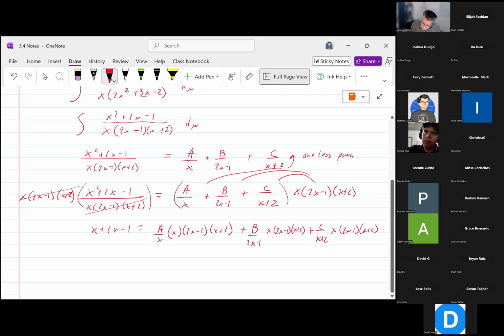Now I'm going to cancel what they have in common in the numerator and denominator. So the x gets canceled there, the 2x minus 1 gets canceled there, and the x plus 2 gets canceled there.